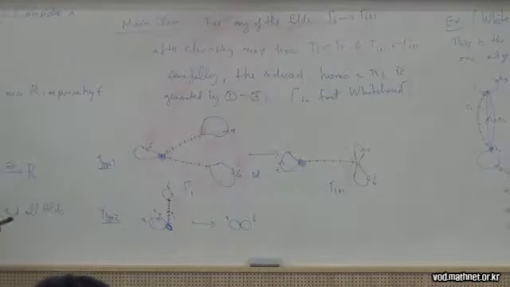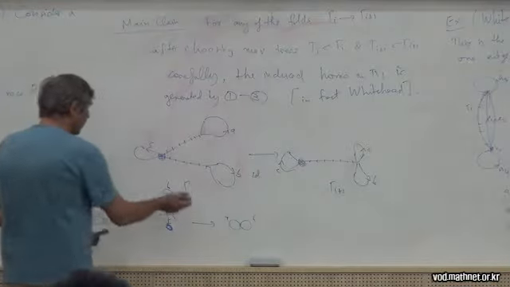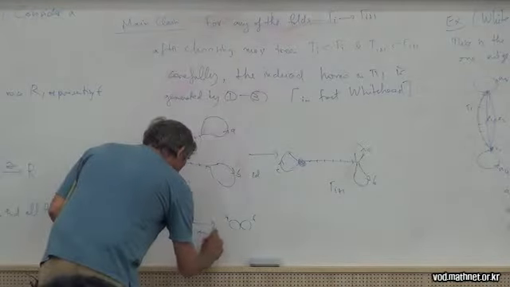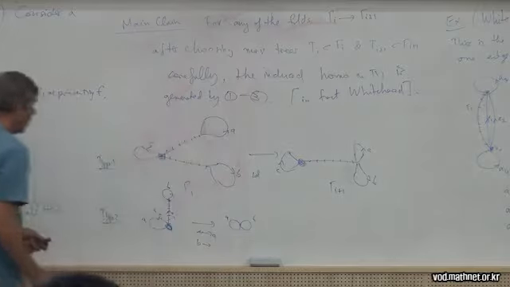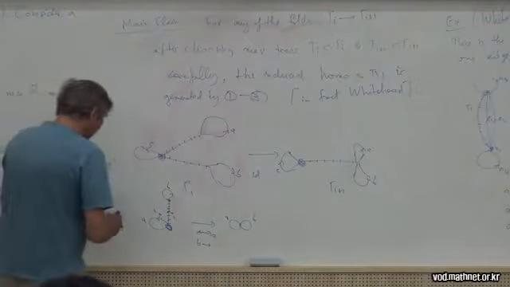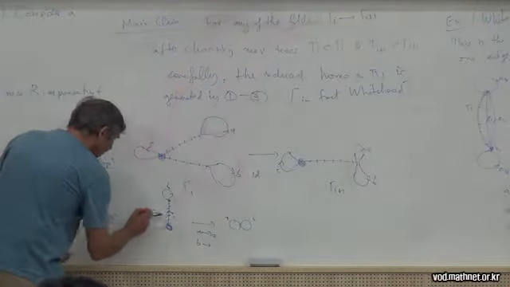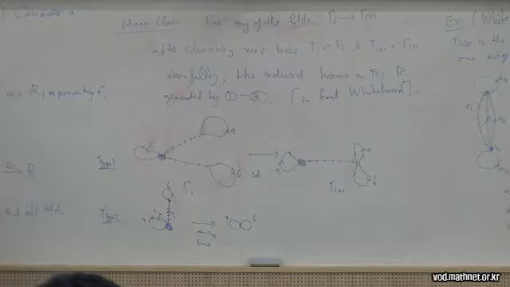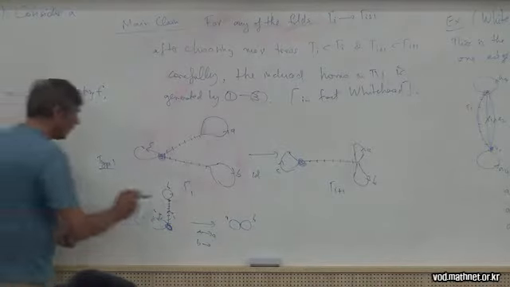Okay, so what is the map now? Well, A still goes to A, right? And where does B go? Okay, I didn't give you the orientation. Well, I did give you the orientation, like this. I didn't give you the orientation of this guy.